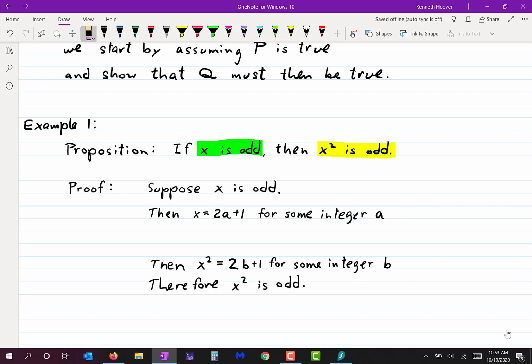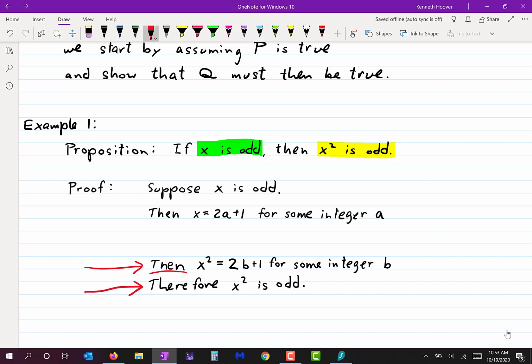All right, let's talk about this word then. I said then. Am I saying that because of this, then this is true? No, that would be backwards logic, right? If I knew that x squared was odd, then this would be true. But the thing is, I don't know that x squared is odd.